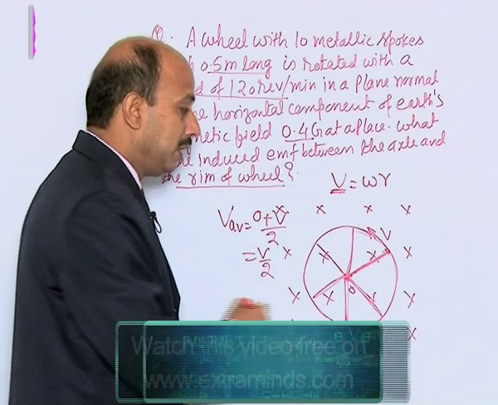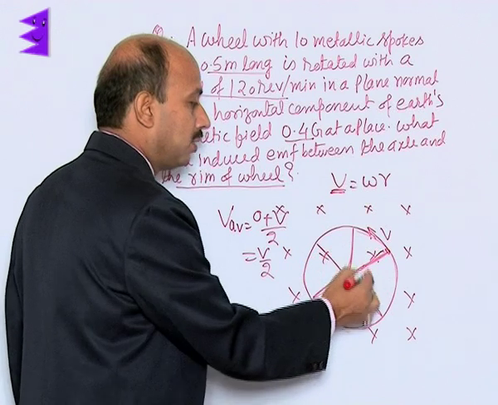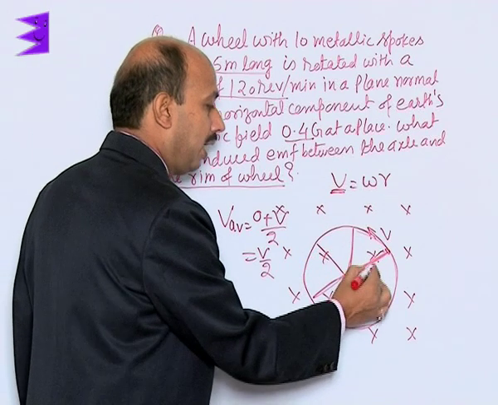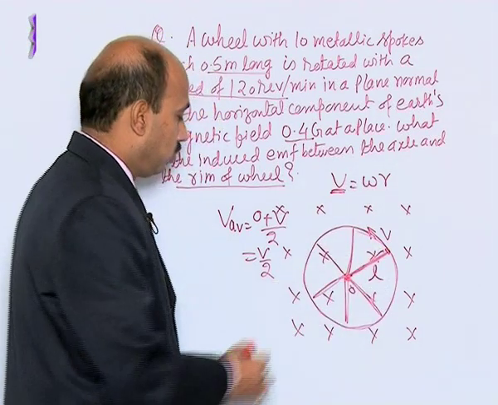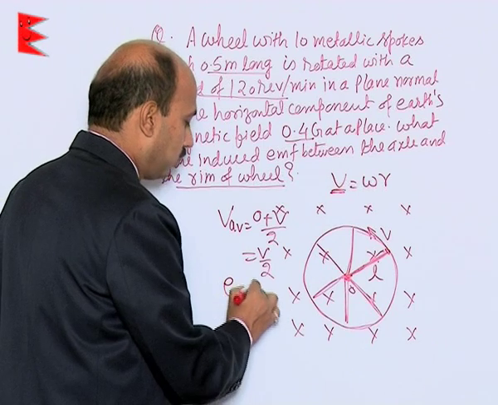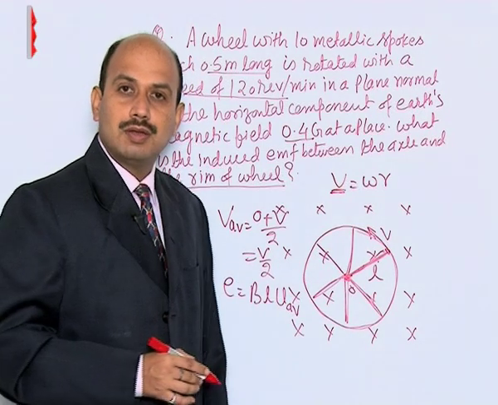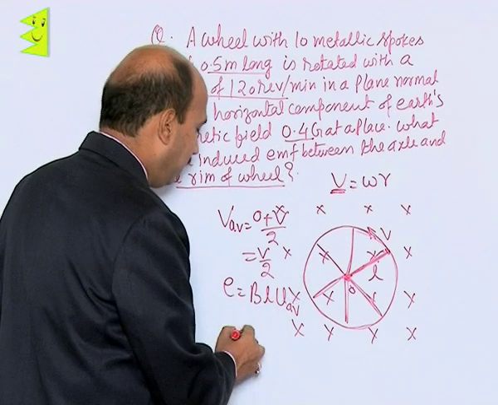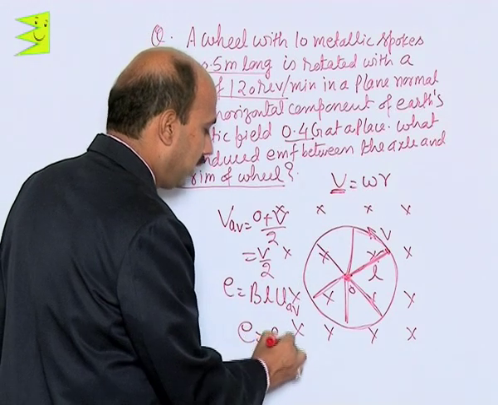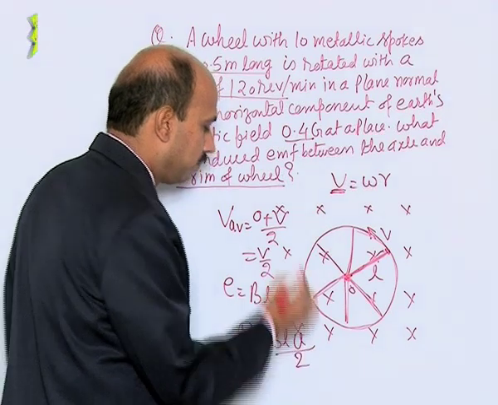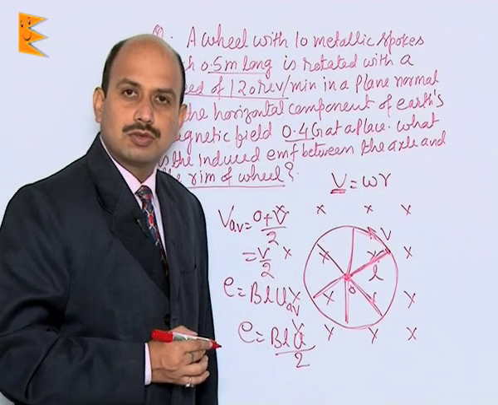Now, the EMF induced in one spoke whose length, suppose, we take as L, will be E equal to B L v average. Here we use v average, so we get E equal to B L v by 2. This is the EMF induced.